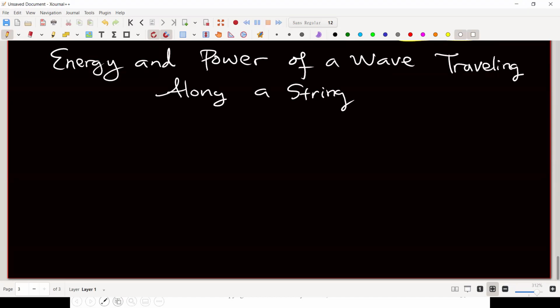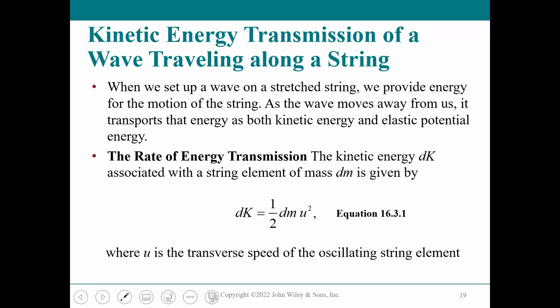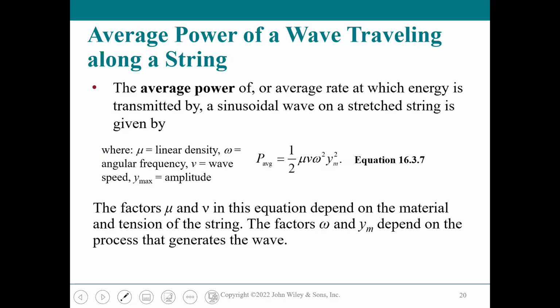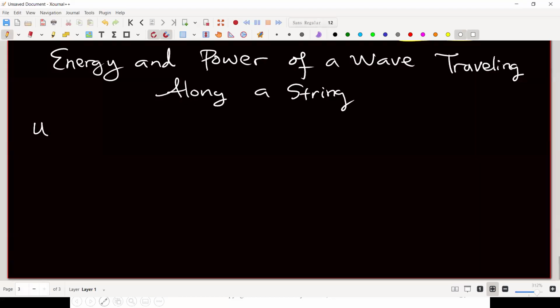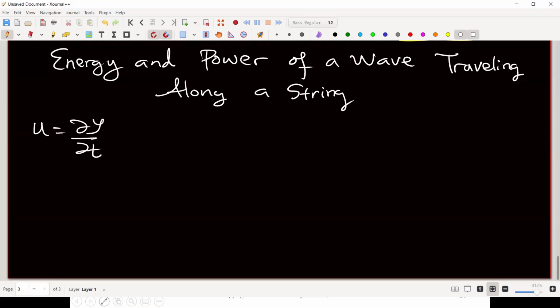Okay, before, we have the energy and power. This one, right? The K is half dm u squared, and then the average power. So we know that u is dy/dt, this one is the speed, minus omega ym cos(kx minus omega t).